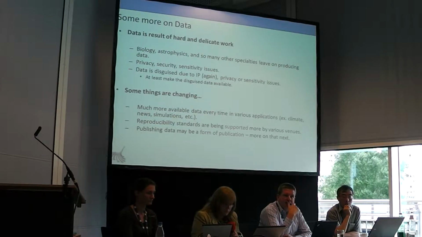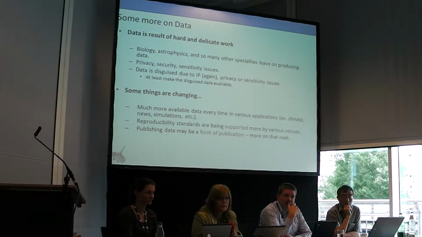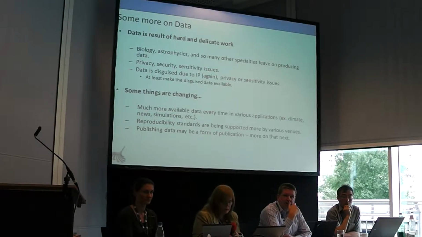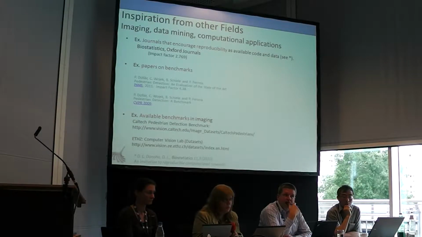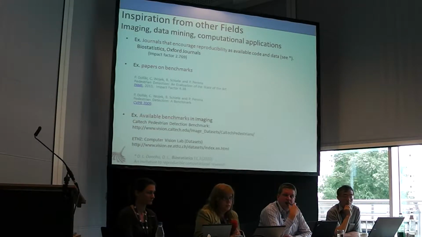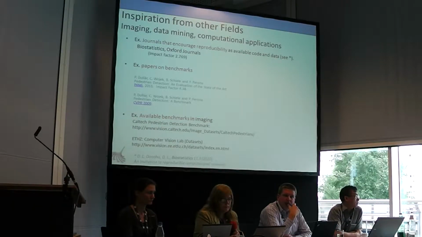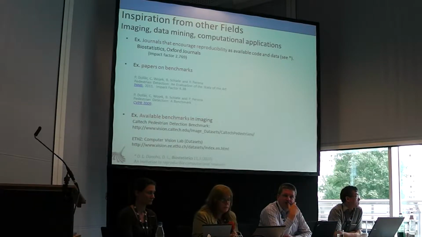Reproducibility standards are being supported by various venues, and publishing data may be a form of publication. We've had that going on in many other fields. I give just a few examples, but we see that happening more every time. For instance, some journals encourage reproducibility, with available code and data.